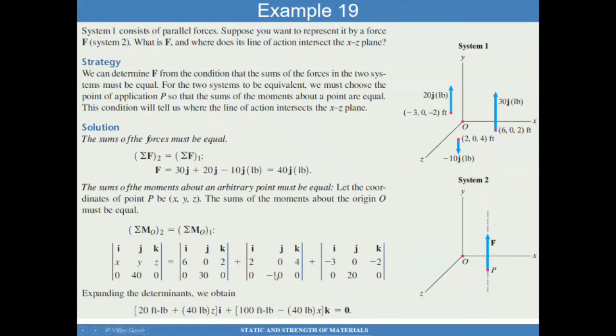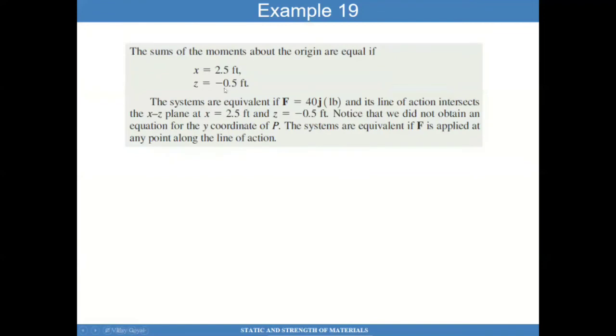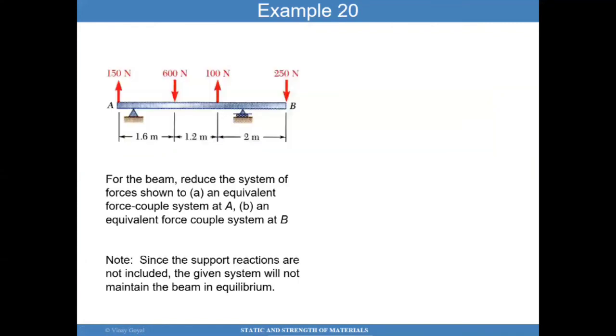Once I do this calculation, you find that the coefficient for I is this much, the coefficient for K is this much. You can now simply solve for Z and X, and it tells you the location where X and Z, where that force needs to be applied to get an equivalent system. That's a great example of the application of this.